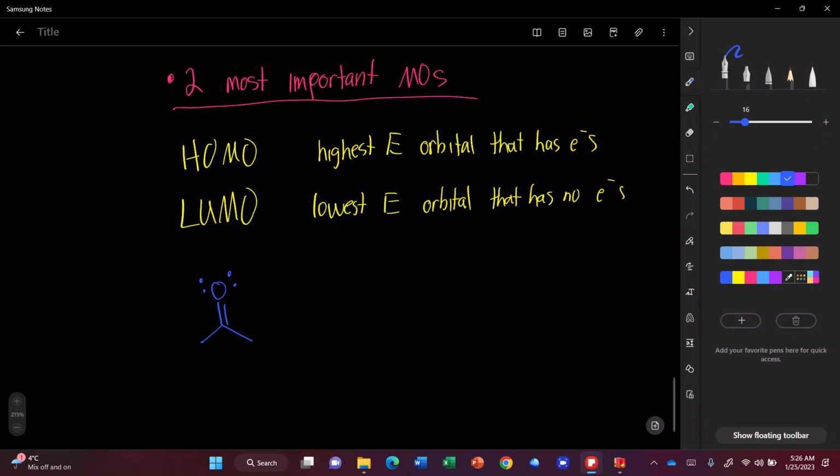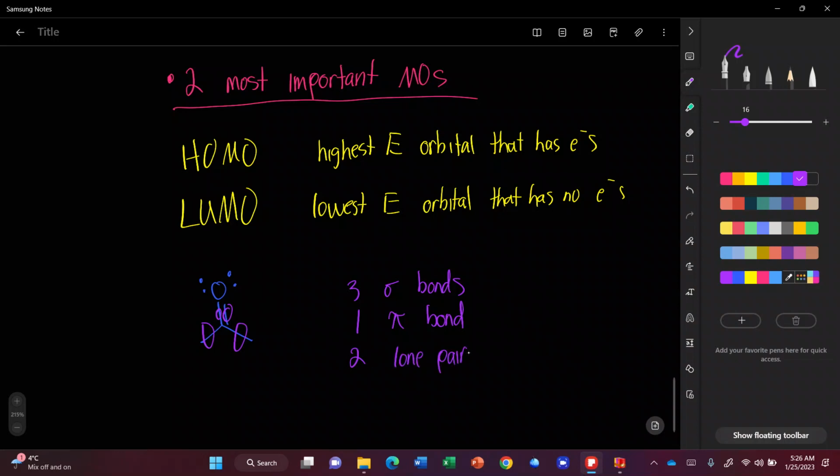First of all, if I'm looking at a molecule of acetone, what I want to tell myself is that it looks like there are 1, 2, 3 sigma bonds. And then it looks like there's 1 pi bond. And then it looks like there are 2 lone pairs.